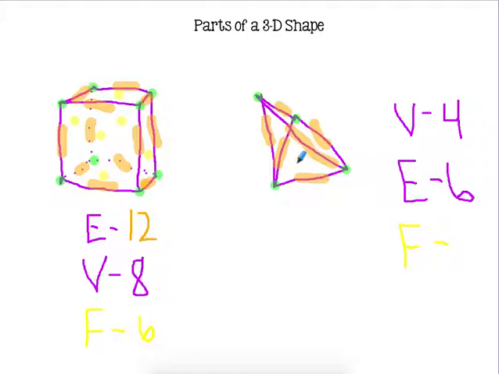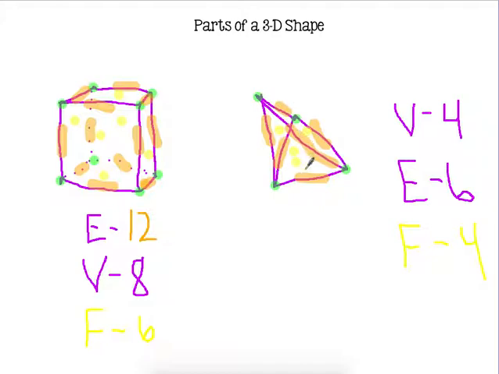Now the same thing with our pyramid over here. We've got the face on the bottom, which is 1, 2, 3, and 4 in the back. So we have a total of 4 faces. Now again, our pyramid has the same type of faces in this one. They are all triangles.